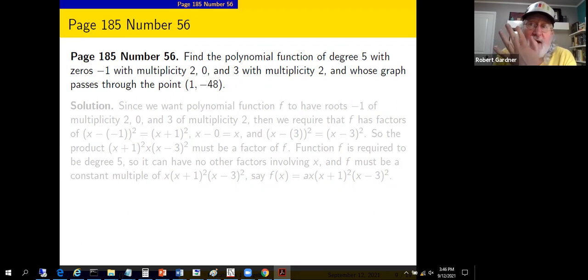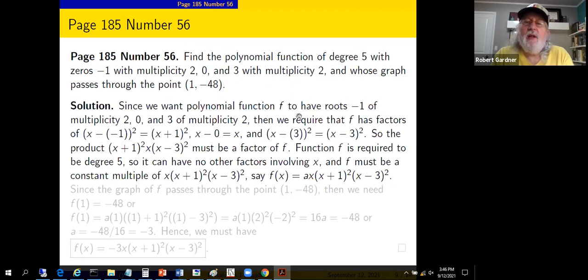So there's the 5 in the degree 5. It's a bit ambiguous how they've stated this, but that's what they're intending to mean. So we want a polynomial function that has roots -1 of multiplicity 2, 0 of multiplicity 1, and 3 of multiplicity 2.